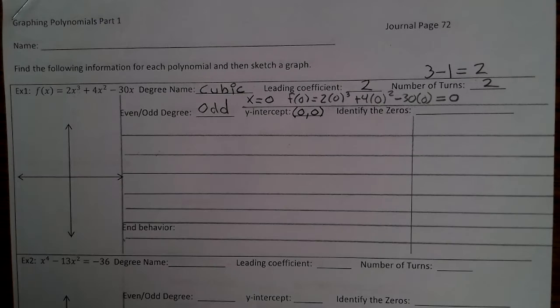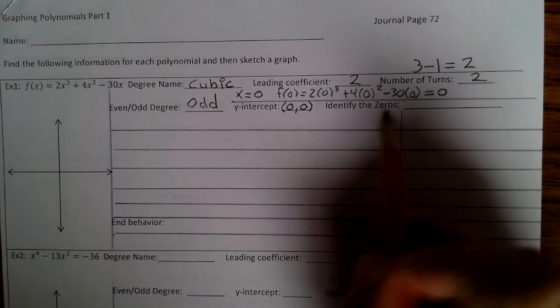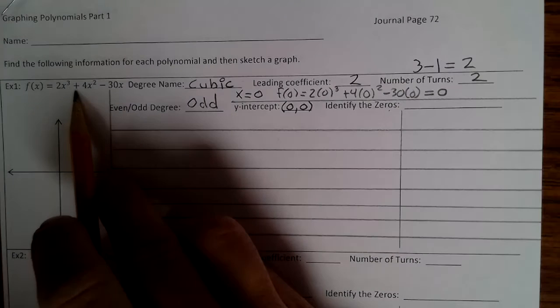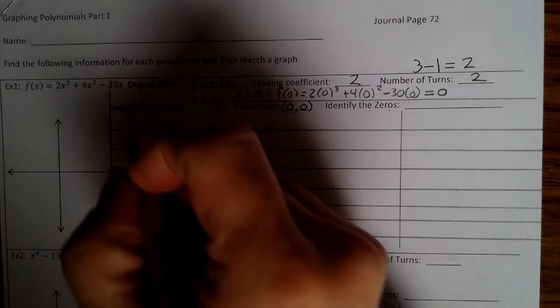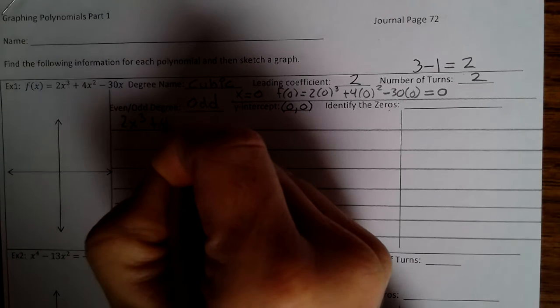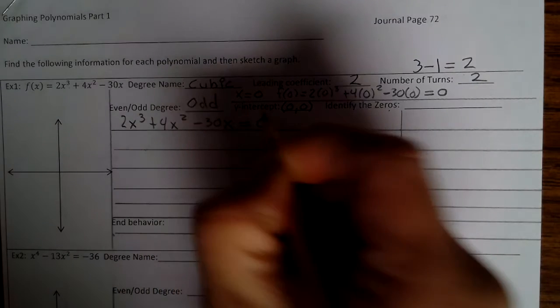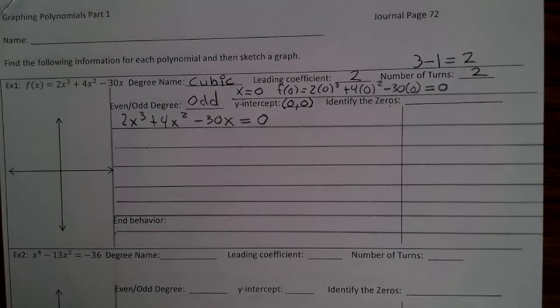All right, now to identify the zeros, we're going to need to factor this, okay? So we're going to take 2x cubed plus 4x squared minus 30x equals 0. So we're going to factor and solve for x. First thing is we can factor out a 2x from each of these terms.